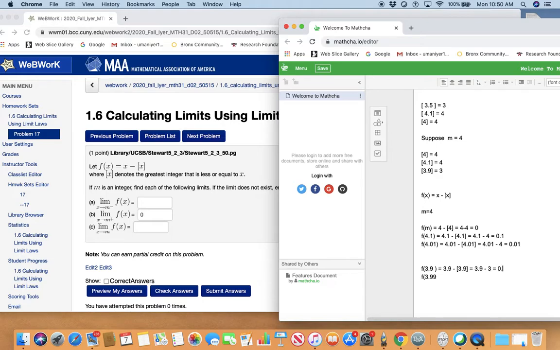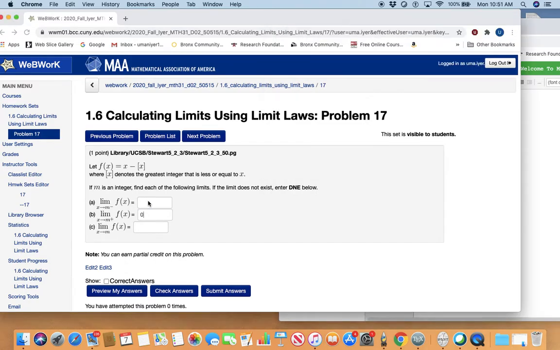It is 0.9. f of 3.99 is 3.99 minus box 3.99. That is 3.99 minus 3. That is 0.99. Looks like I'm getting closer and closer to 1. From the left it is 1, from the right it is 0. So the limit does not exist.